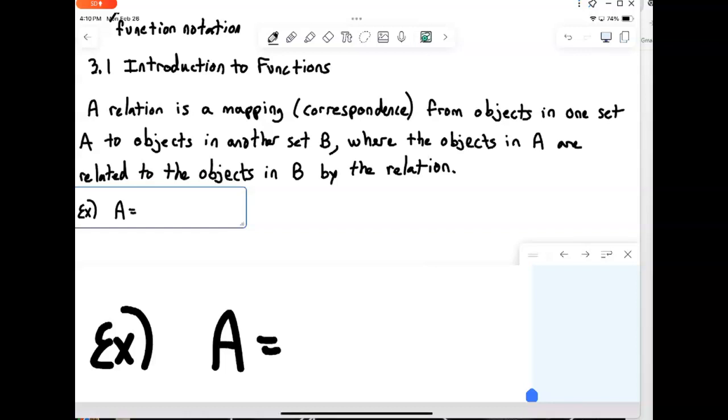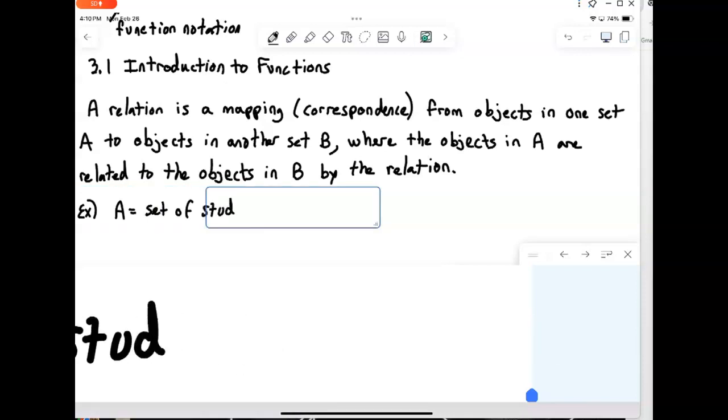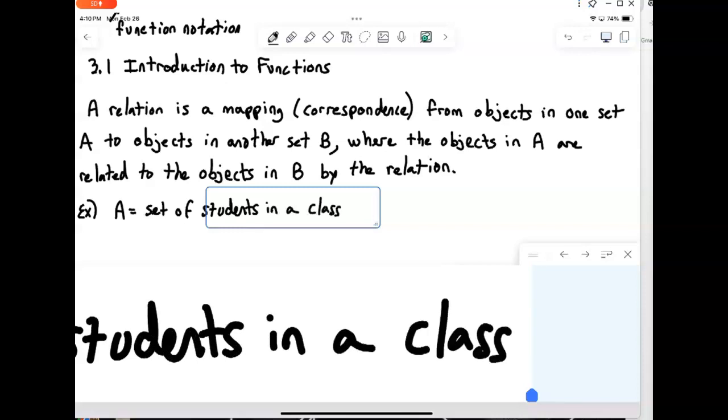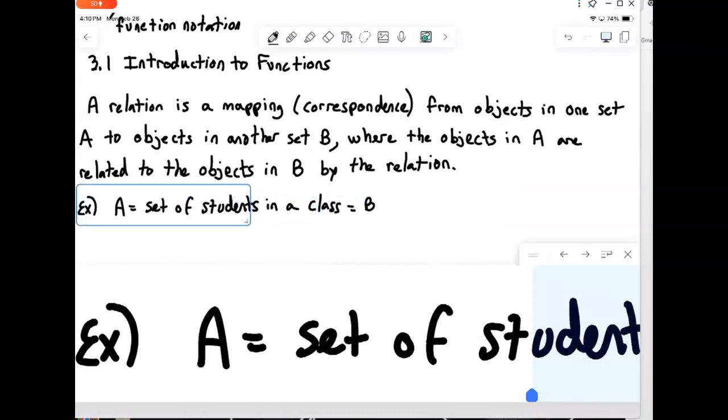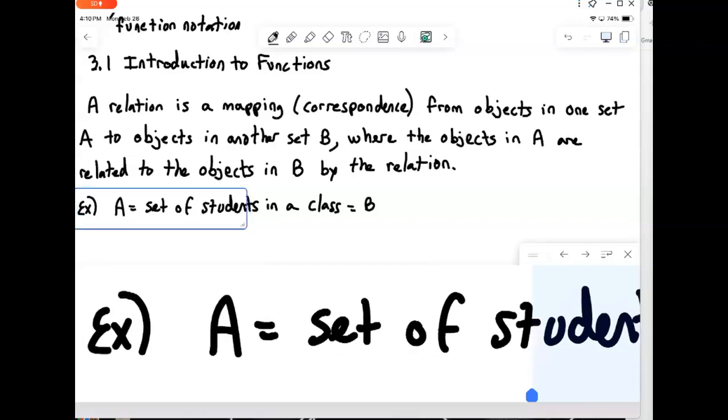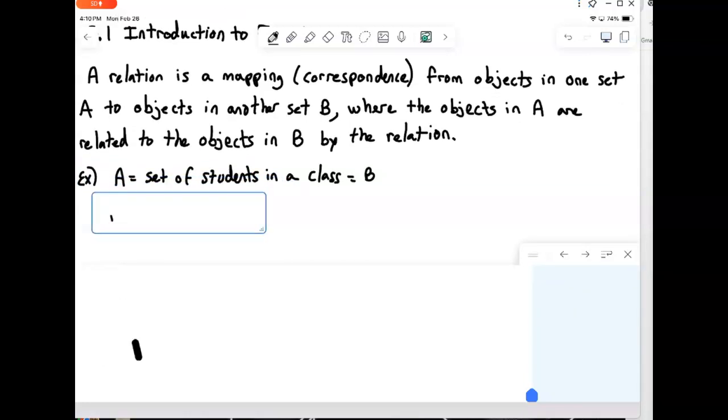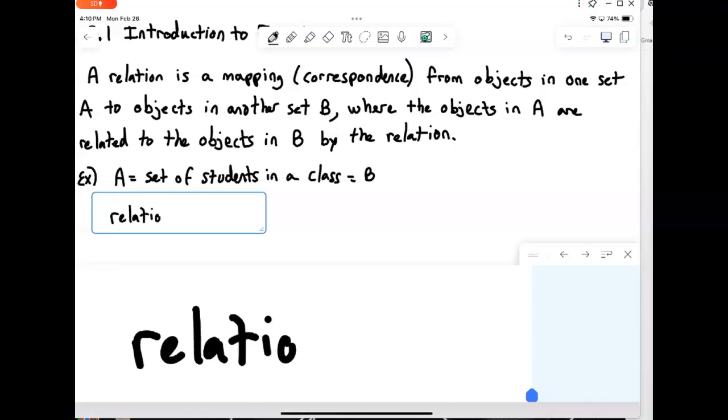Let's say that A is equal to the set of students in a class. And that is also what set B is. So A and B are actually the same set. So set A is relating the students to themselves in some way. And let's say that the relationship that we're looking at is quite simply is taller than.